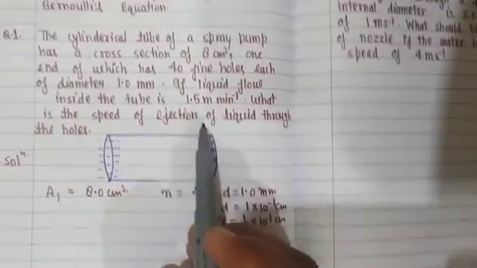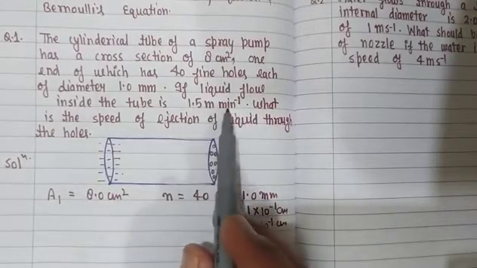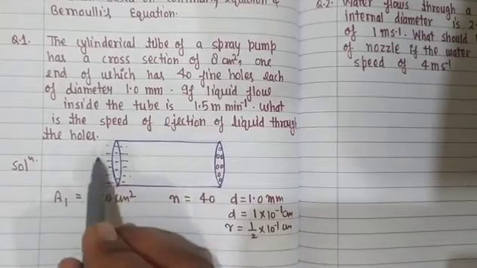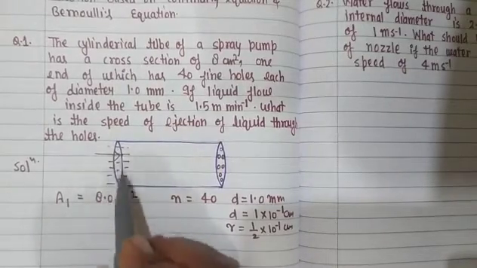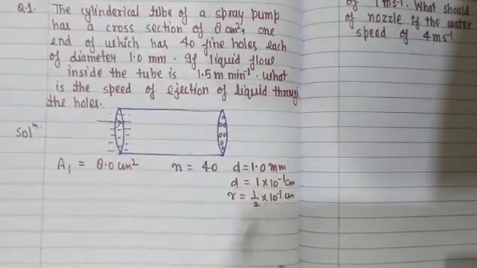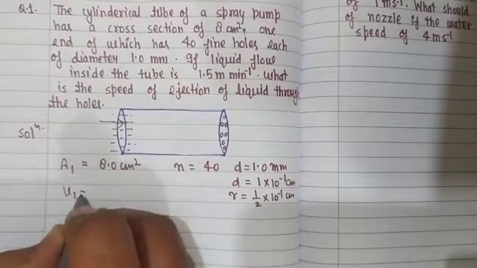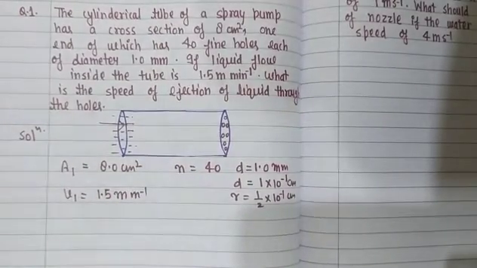Now, if the liquid flow inside the tube is 1.5 meter per minute, it means the liquid is getting inside this tube through this cross section with a speed of 1.5 meter per minute. So V1 will be equal to 1.5 meter per minute. We will convert all data in the CGS system.